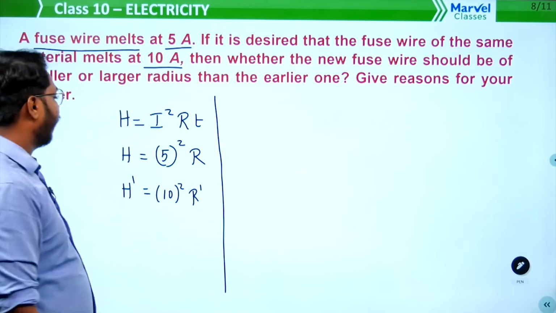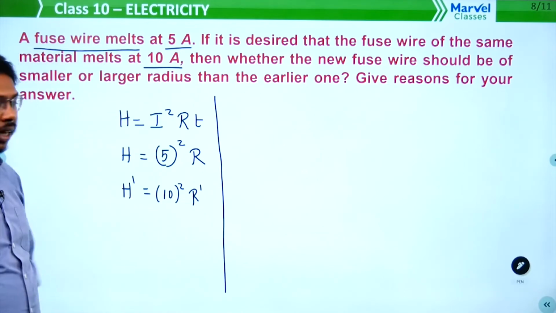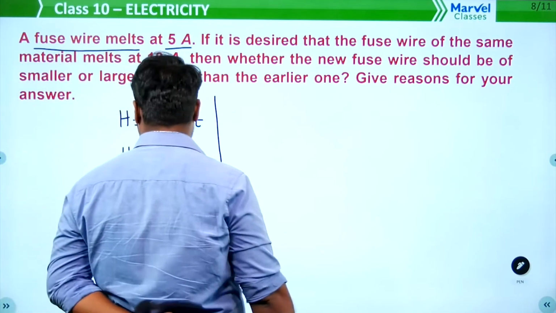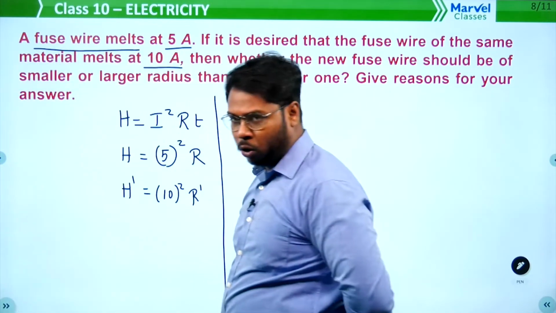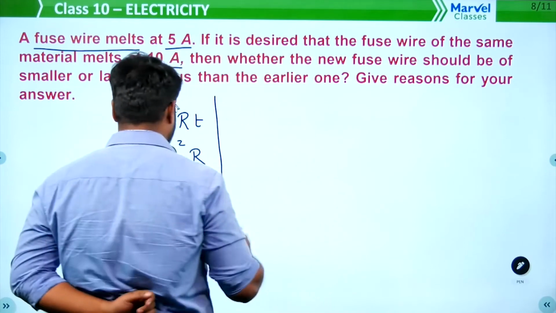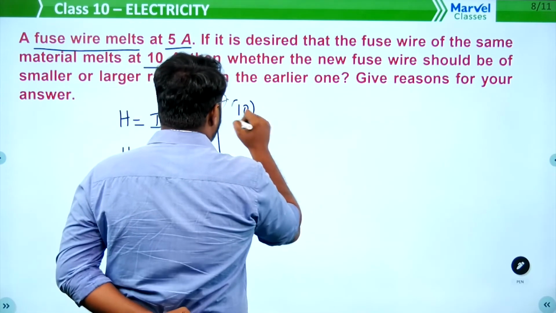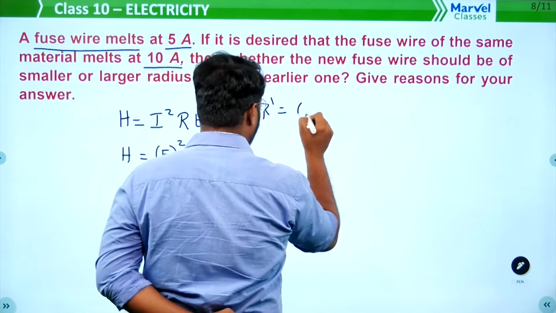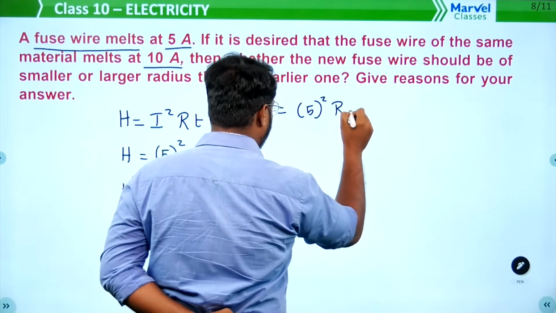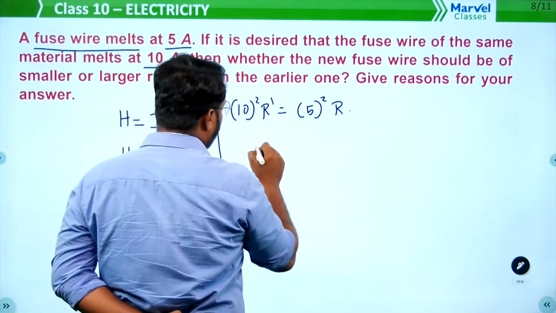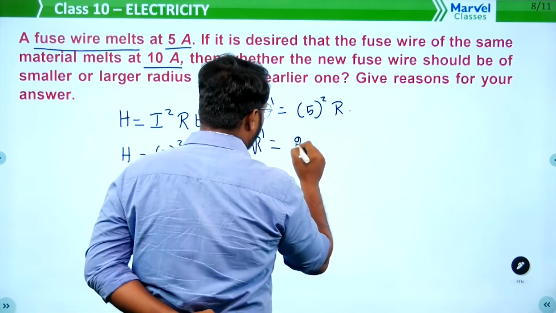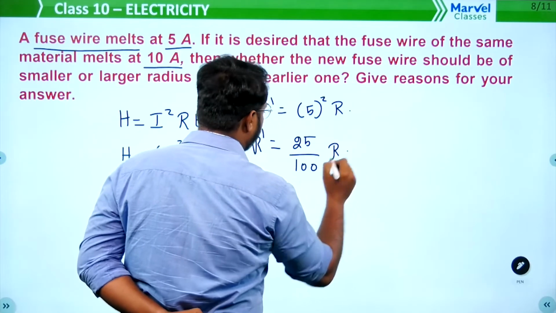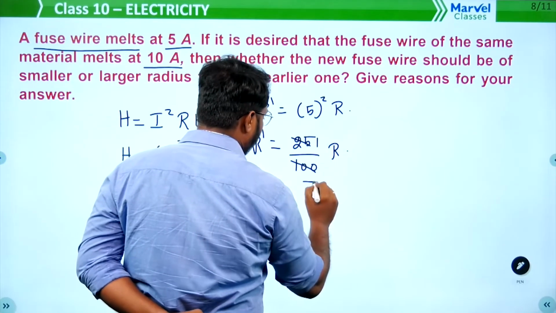See, the heat changes, at the same time the resistance should also change. So, I assume that the heat is going to be the same in both cases, and I will compare the equations as 10 squared into R prime is equal to 5 squared into R. So, R prime is equal to 25 by 100 times R, it is 1 by 4.